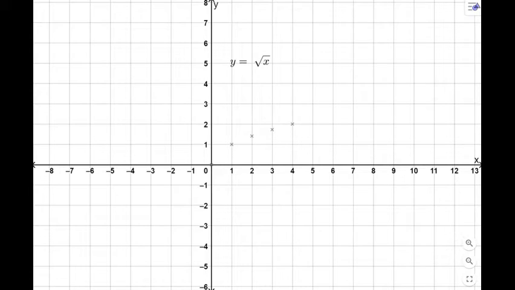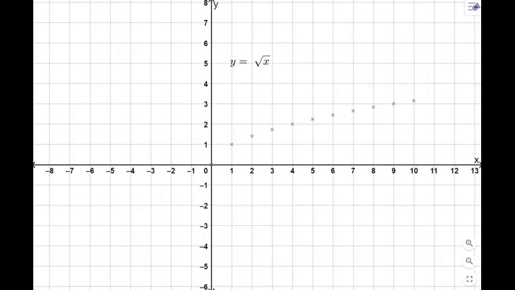Square root of 5 is about 2.2. Square root of 6, about 2.45. Square root of 7, 2.65. Square root of 8, 2.83. Square root of 9 is 3. Square root of 10 is 3.16.